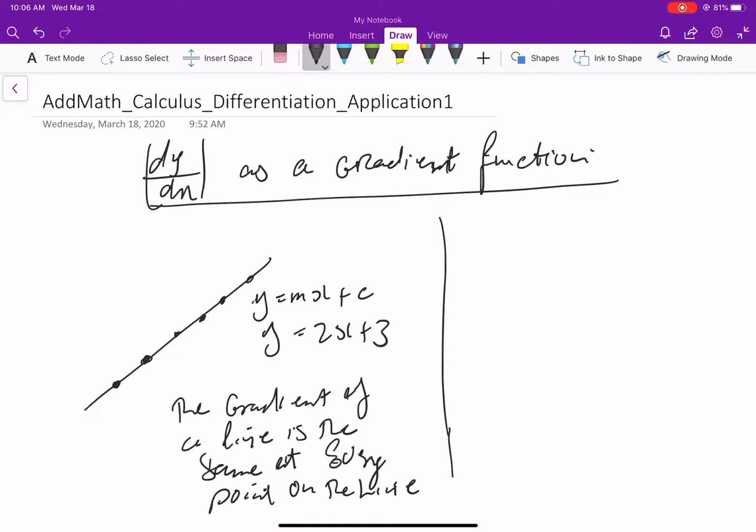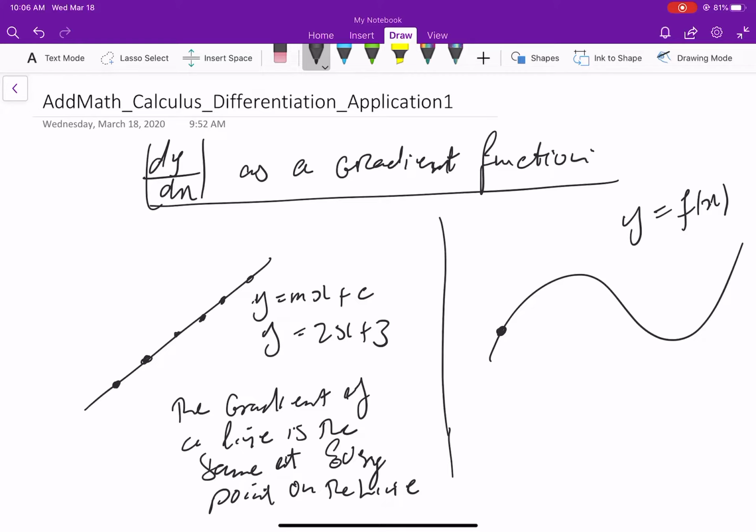Now let's compare that with a curve. Here is a curve. I'm not going to give it a specific equation. I'll just call it y is equal to some f of x. What's the gradient of the curve here? Well, you may not know, but that's okay for the purposes of this discussion.